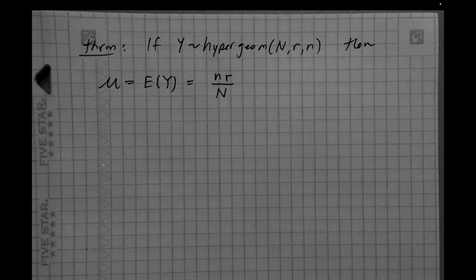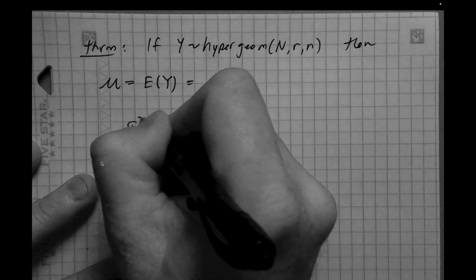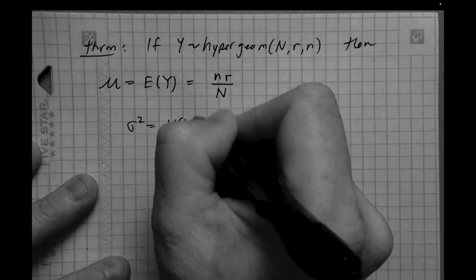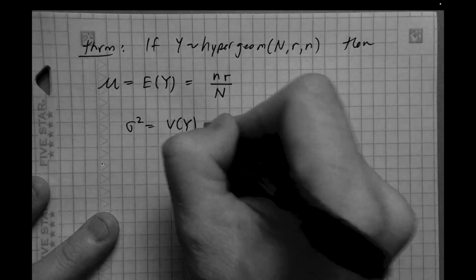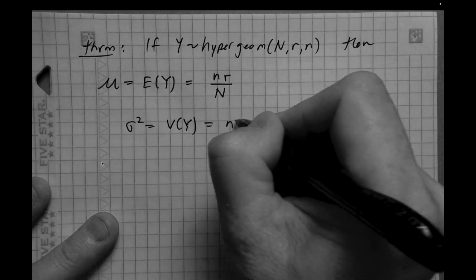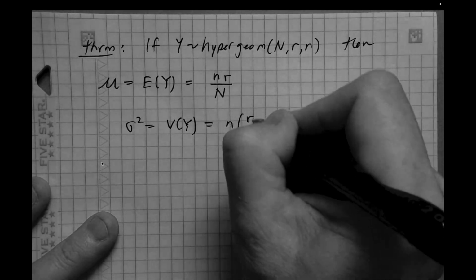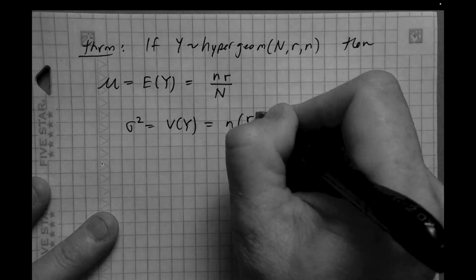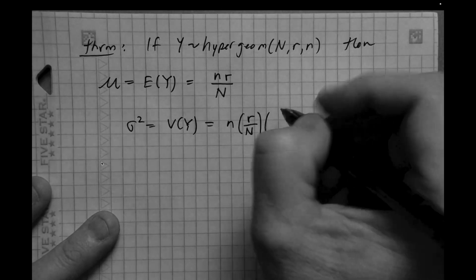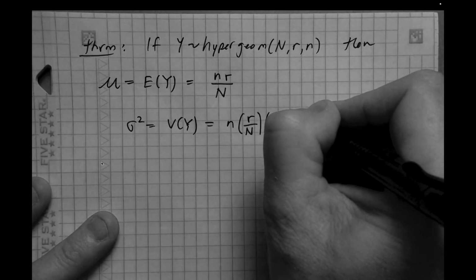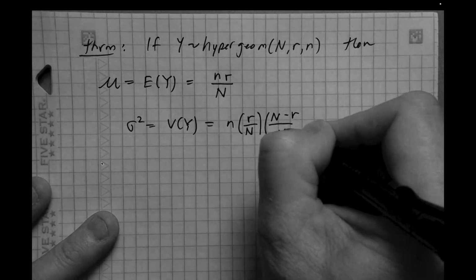We'll see why in a second. What about the variance? Sigma squared, the variance of the random variable y, is equal to n times r over N times (N minus r) over N.